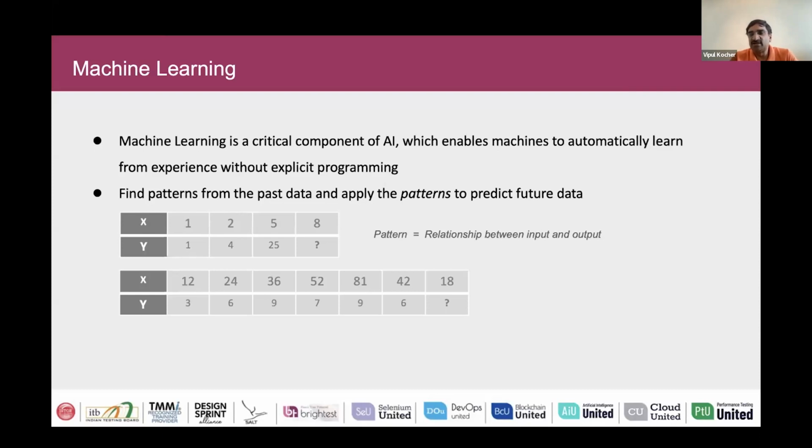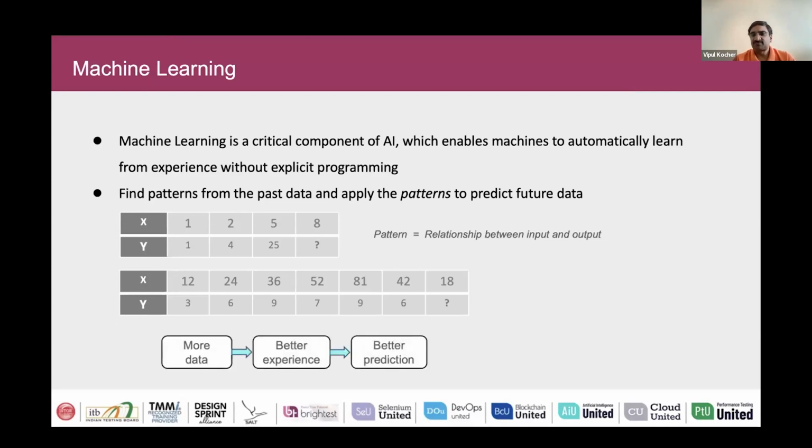Now, this exercise has some of the most important lessons of machine learning, and I would like you to look at those lessons and learn them if you already do not know. So what are these lessons? More data, diverse data, gives you better experience, better predictions.